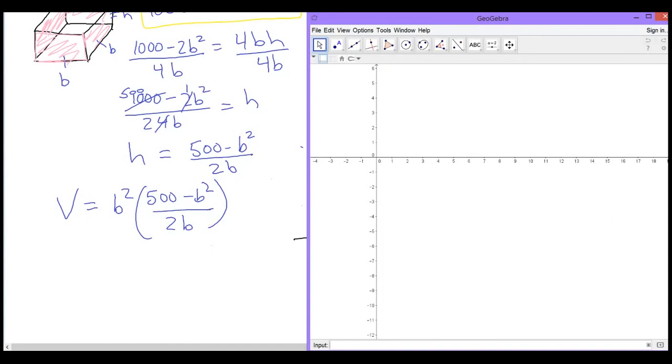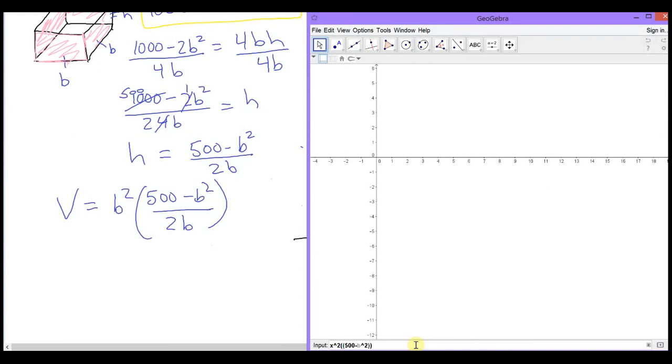So we have b squared, and remember that GeoGebra doesn't want any random old variable. They actually want us to use x's. So x to the power of 2 times, in the numerator, 500 minus b squared.